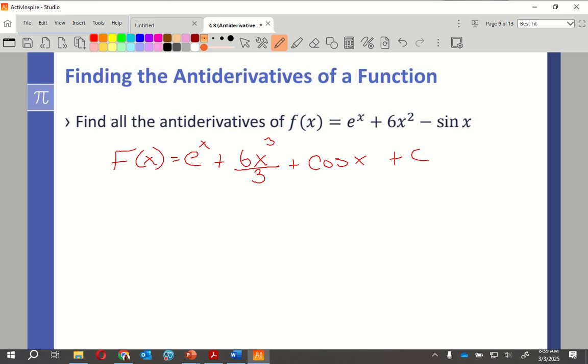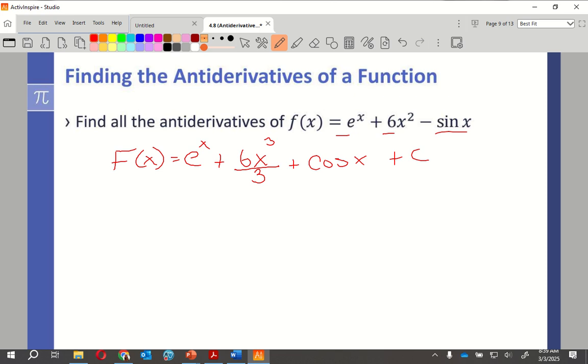So if I took each of these three individually, each one would have its own c, wouldn't it? As I combine those together, if they all had their own c, it'd be c1, c2, c3. But they're all just some constant, aren't they? So it's still just whatever constant that comes out to be. So I only need one constant for all of those. A constant plus a constant is a constant.